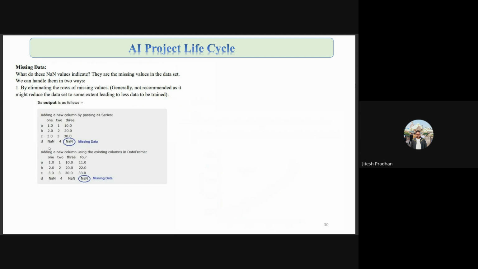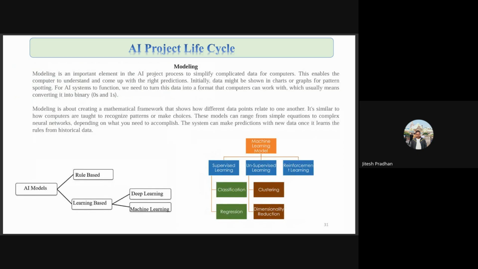Now let's say there are values after this D row, then we can take the average of these three, and for the things present in the E row, we can take the average of these two also. So there are so many techniques through which we can handle missing data, but deleting the missing data is inappropriate. Okay, now the next thing is modeling, or we can call it model selection.